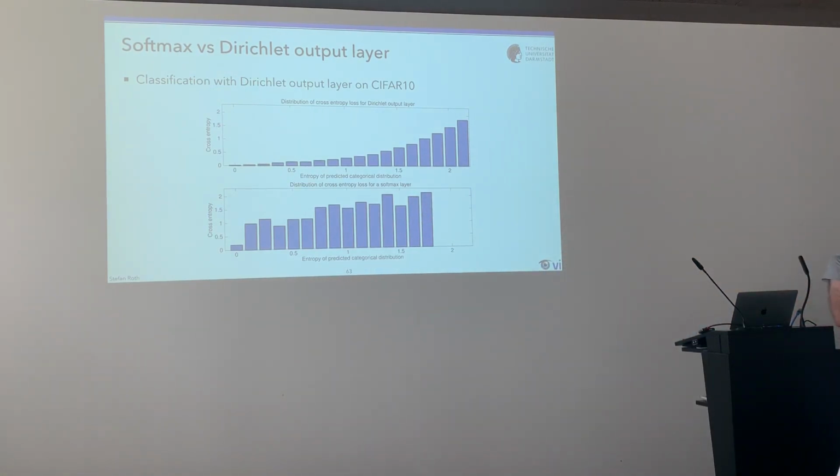So, in principle, you could have done the same thing with the softmax as well, right? And calibrating the temperature. Yeah, so that's a good question. It's like the concentration parameter for the Dirichlet distribution.